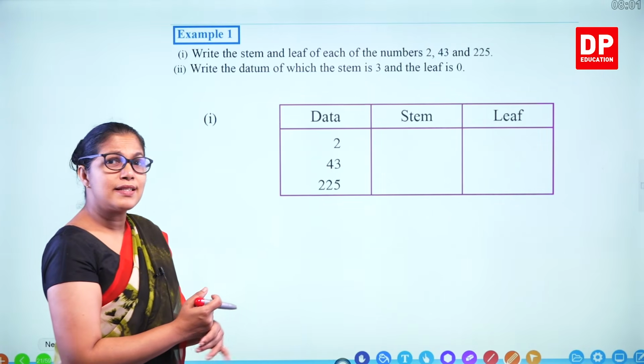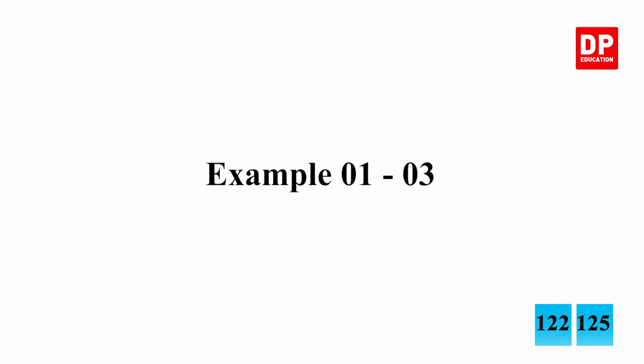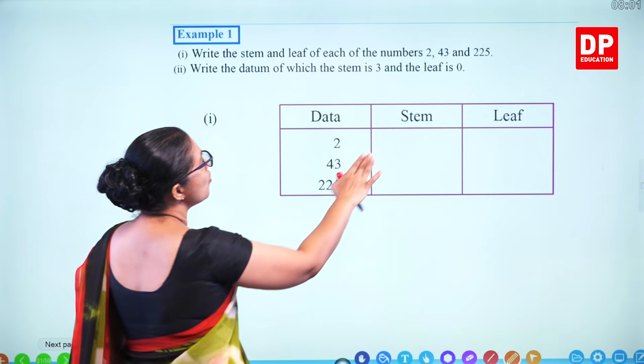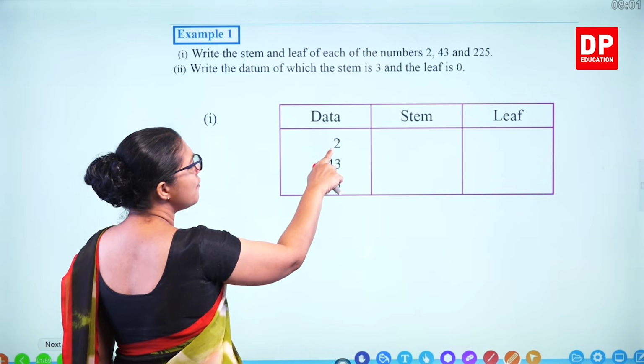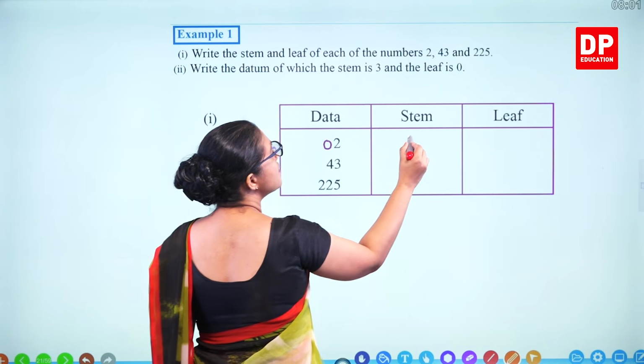Now we'll look at your exercises and examples in your textbook. So example 1, write the stem and leaf of each of the numbers 243 and 225. So data is given. So what's the stem? If it's 1 digit, you can say the number before. So that's 0.